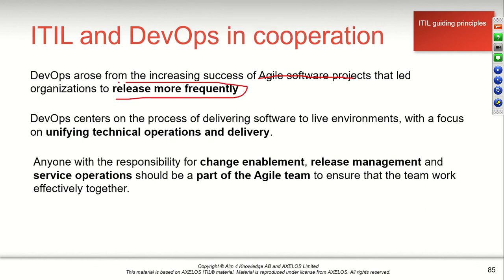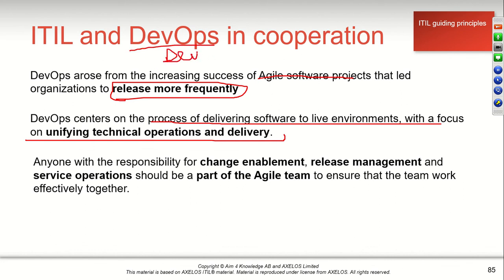With Agile you have frequent releases. DevOps centers on processes that involve delivering software to live environments with a focus on unifying technical operations and delivery. The name DevOps is a combination of development and operations team.